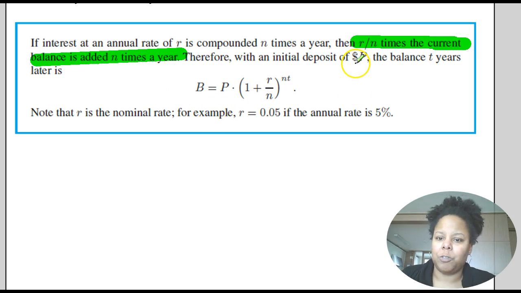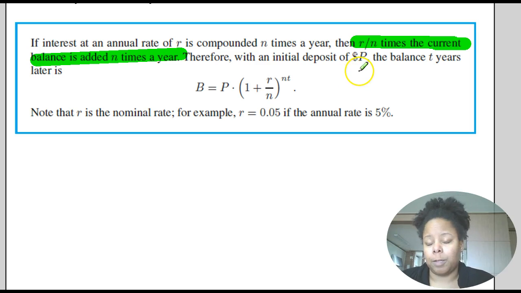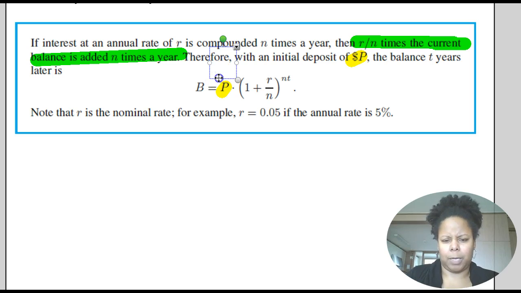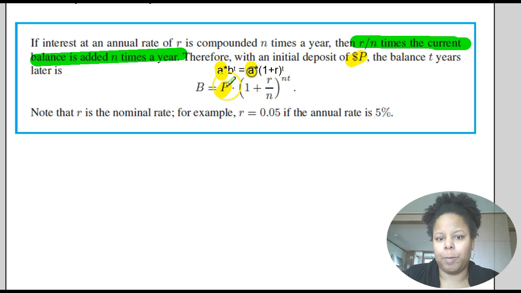So if I have an initial balance, remember our initial value of the exponential function was A, well this time we're calling it P, and the balance t years later is P times 1 plus, if you remember, it looks very similar. B is the same thing as 1 plus R, where in the previous formula R was just the growth rate, a growth factor.